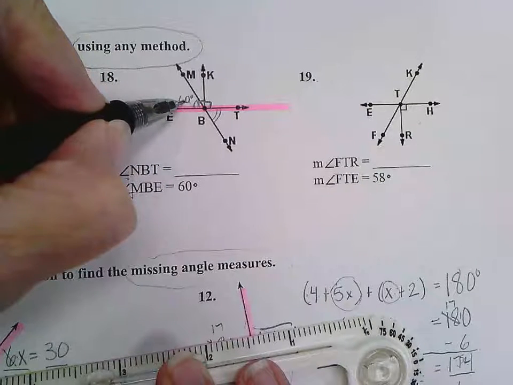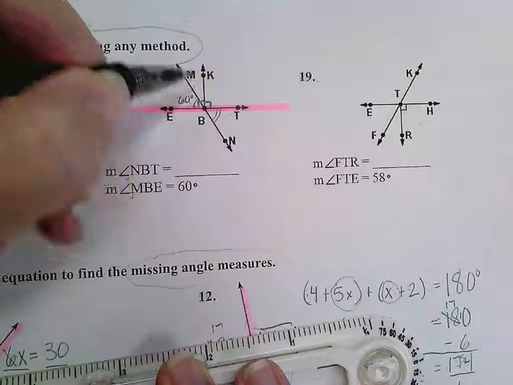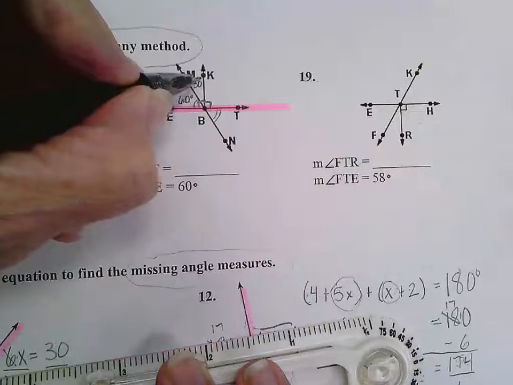And we know that part of that is 60, so we know this part has to be 30 degrees.